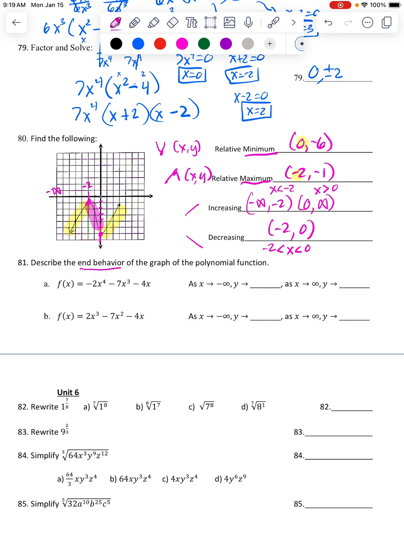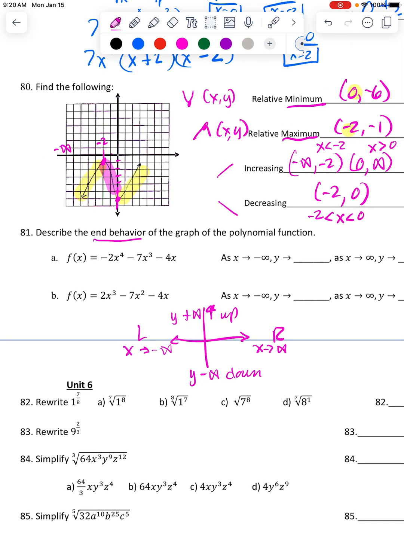End behavior is what the right and left ends are doing. Just a quick refresher, the right end is over here, but that's x going to infinity. The left end is over here, but x would be going towards negative infinity. If something's going up, that's going towards positive infinity as a y, and here y's are going towards negative infinity if the graph is going down.